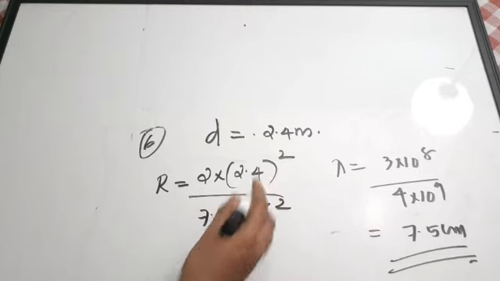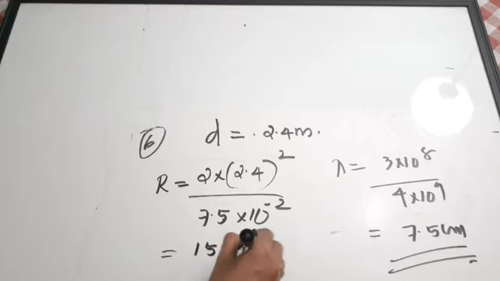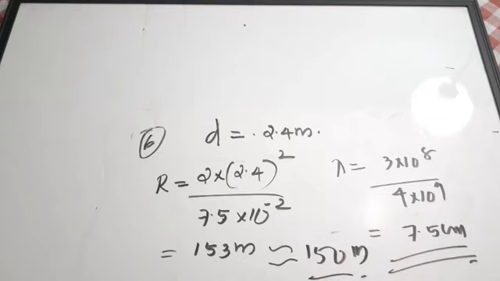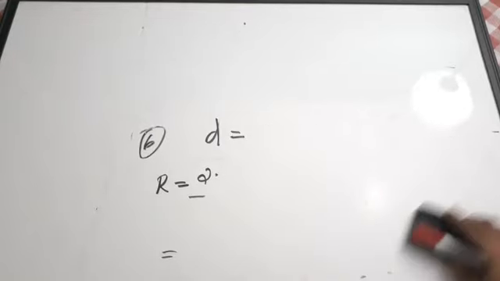Why? Because this is in meters, so this also has to be in meters. All units have to be the same. The value we get is 153 meters, or approximately 150 meters, is the minimum distance required. The correct answer is option D, 150 meters. Moving on to the seventh question. The seventh question is from Coulomb's law of electrostatics.